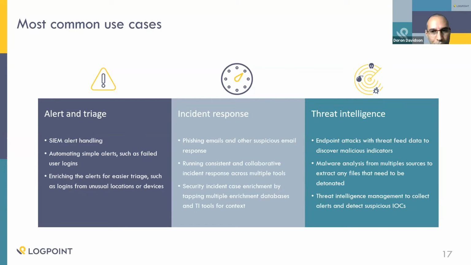How do I enrich it? How do I get additional information from threat intelligence? How do I correlate between this single alert that I just got, let's say from a failed login that Martha just mentioned, and checking the same information within my Active Directory, within my Office 365, whether there is also a failed login there, getting additional information about the user, when did he maybe start working within the organization.